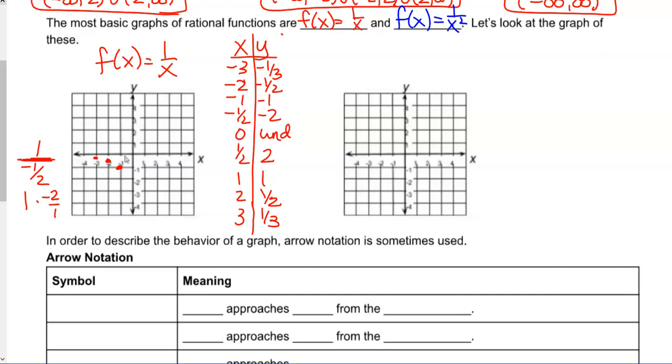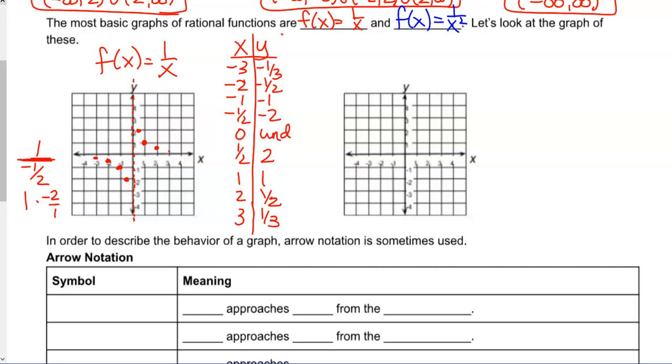If I'm at -1/2, I'm at -2, so I'm approximately here. At 0, it's undefined. There's nothing that can happen there. So for this point, I'm going to do a dashed line there. And we'll talk about that in just a second as a vertical asymptote. And I'm going to plot 1/2, 2, 1, 1, 2, 1/2, and 3, 1/3.